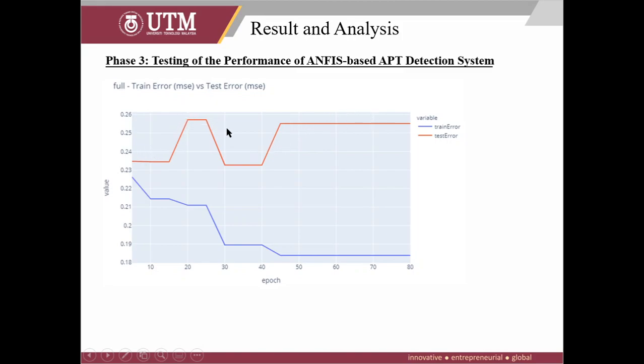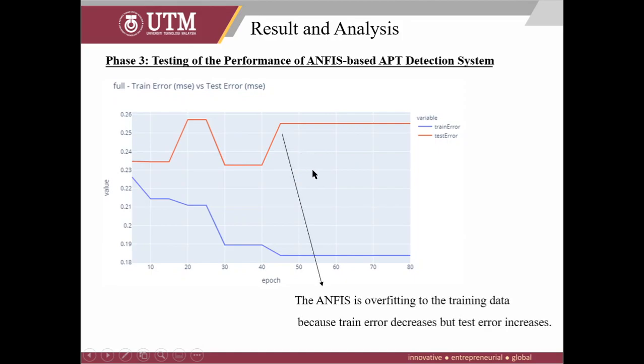But here we are looking at the fluctuating error in the test error. Why does it increase while the train error decreases? The reason might be that it overfitted the training data. When the ANFIS is overfitted, it gets better at classifying the train data, but worse at classifying the test data.